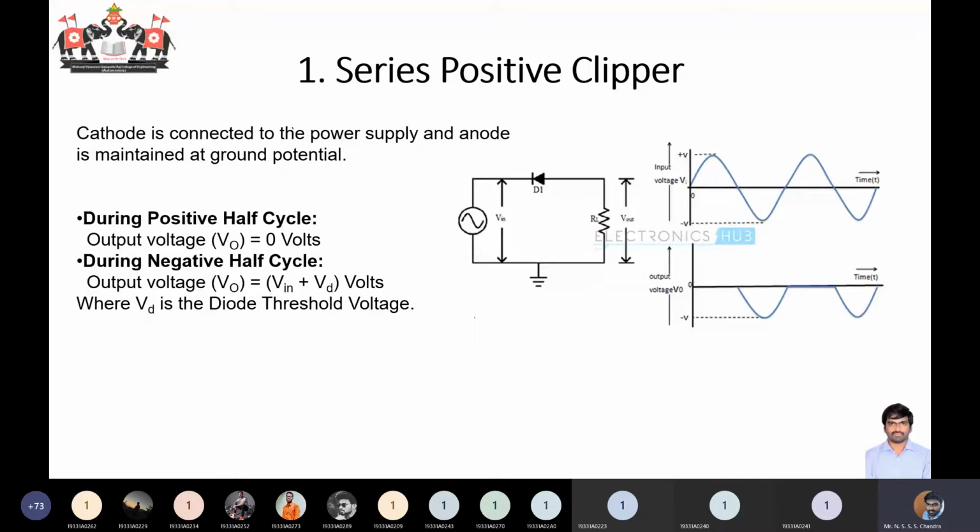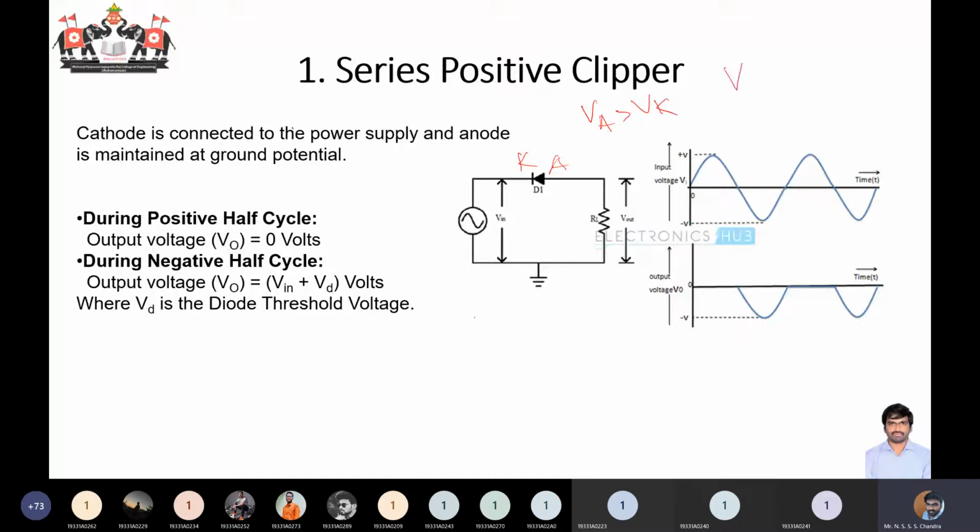From now onwards I'll be considering only practical diodes for most cases. For this diode, this is the anode, this is the cathode, right? Your diode will be on when V anode is greater than V cathode, for the ideal case.